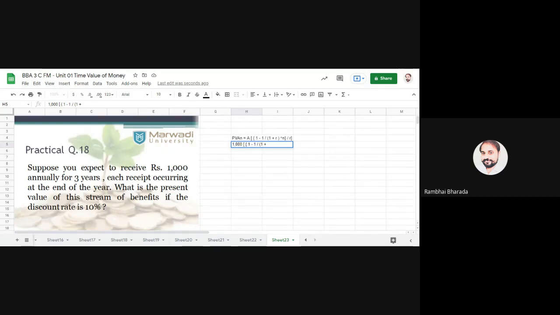R means your discounting rate, which is 0.10, raised to n. N means number of years, 3. Okay. Bracket over, divided by r, 0.10, main bracket over.